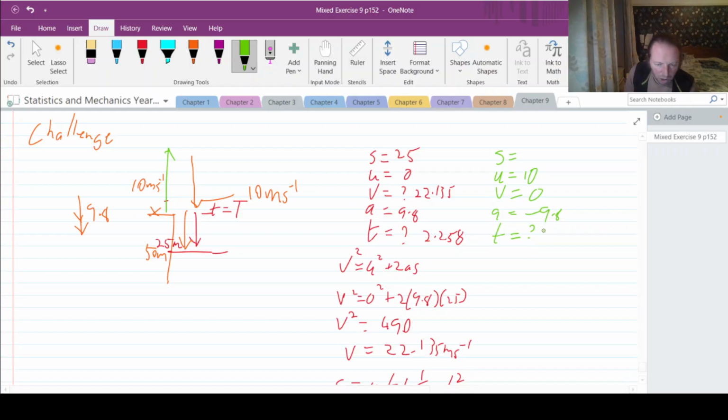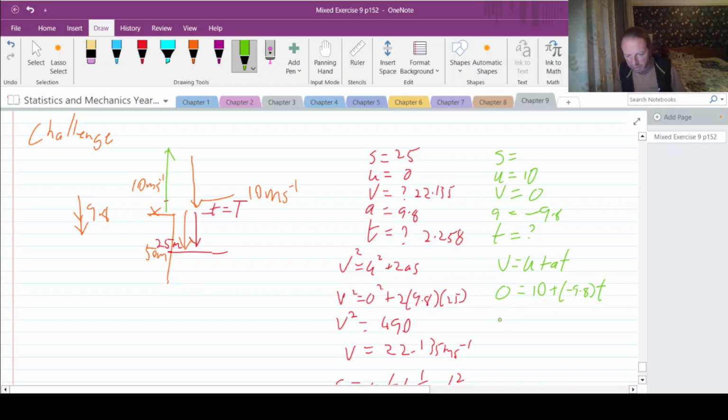The time from here to there is going to be the equation with no s in it, v equals u plus at. So 0 equals 10 plus minus 9.8 t.